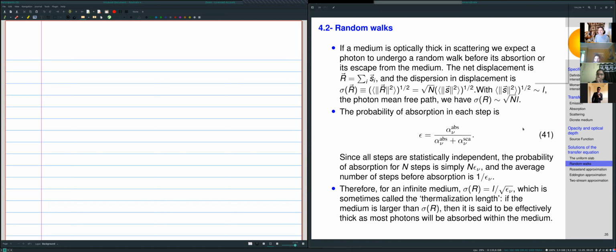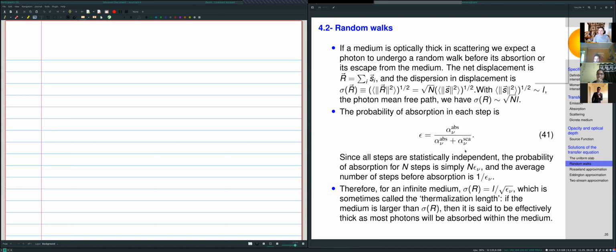In this description of the random walk, following Rybicki and Lightman, the probability for absorption in each step is given by this epsilon ratio, which is the ratio of the pure absorption coefficient divided by the total absorption coefficient, including the scattering coefficient.